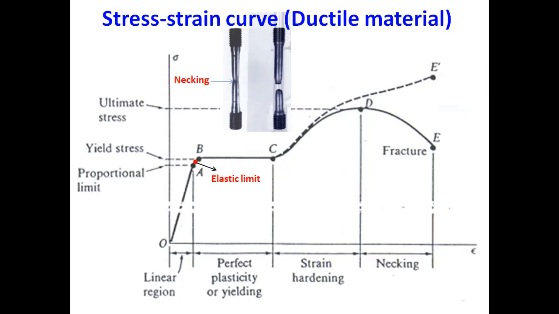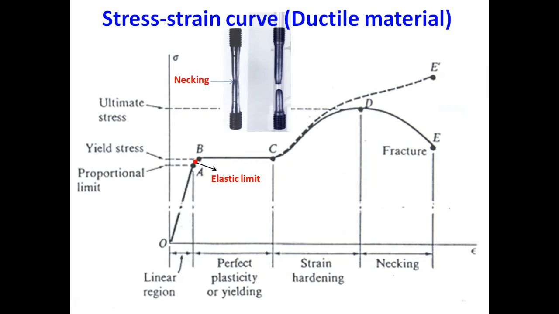Similarly, yield strength or point B is important because at that point yielding would occur. Permanent deformation would occur. Sometimes people think that we have to design things for the ultimate stress, because this is the maximum stress the material is taking, but that is not the case. If you are designing your components for this, permanent deformation would have already occurred before that in your material or system, and it would not work properly in your machine.